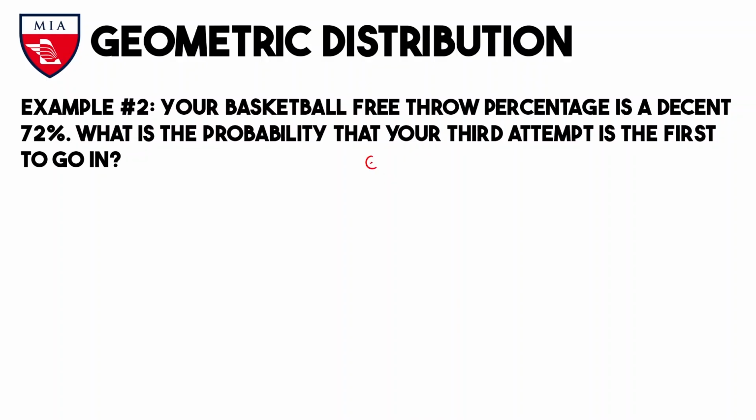So let's start with the given. Automatically, we will have a probability because we have a percentage here. So our probability is equal to 0.72, because if you convert 72% into a decimal form, it is equal to 0.72. Then the value of x.